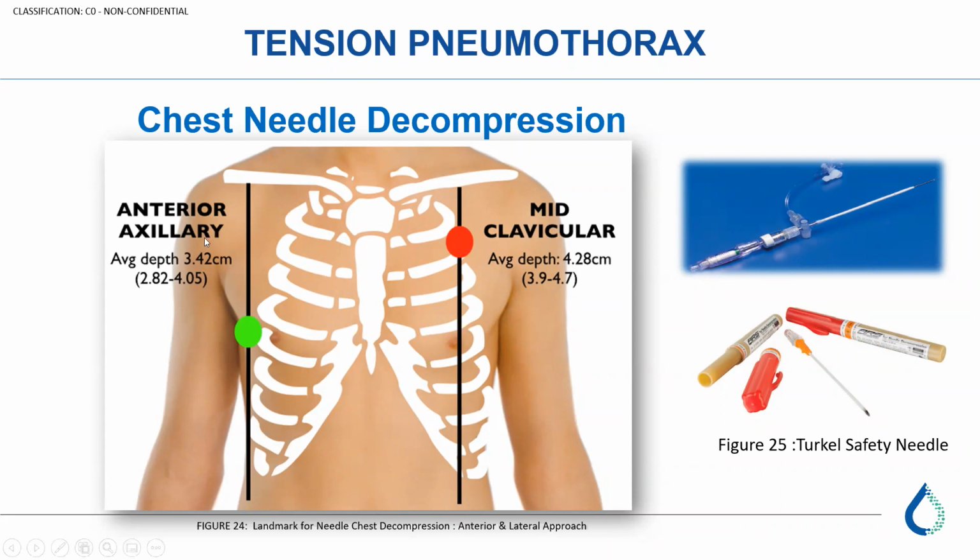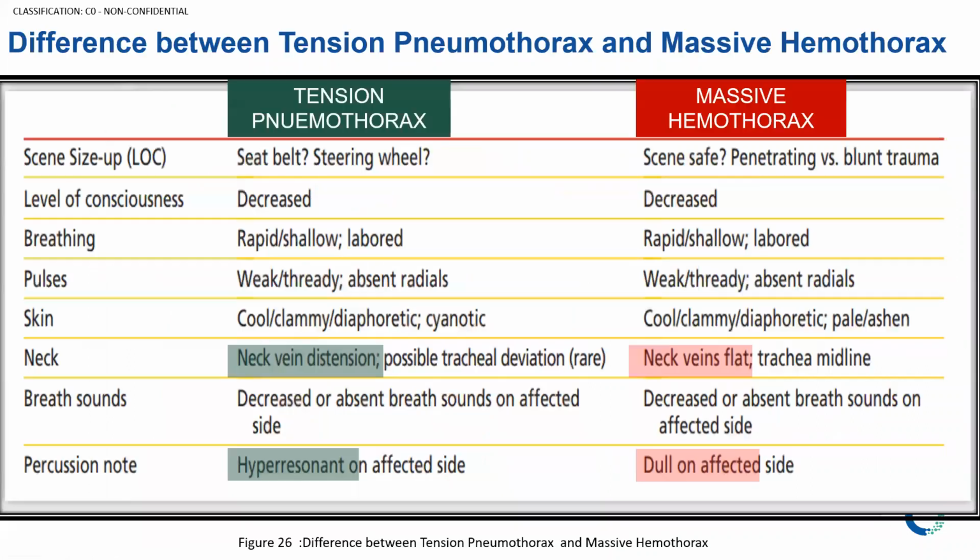Then the lateral approach, we call it the anterior axillary line, not mid-axillary. I say again, it's not mid-axillary, it's anterior axillary line, fourth intercostal space. Okay, these are the needle decompression sites or landmarks.